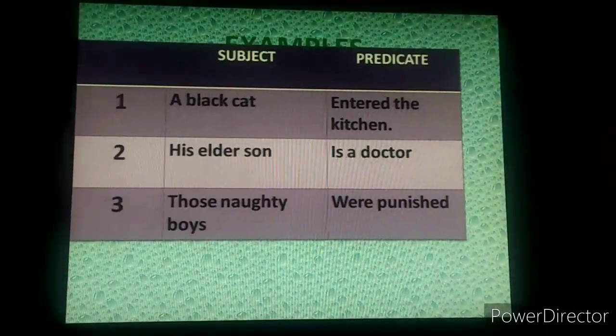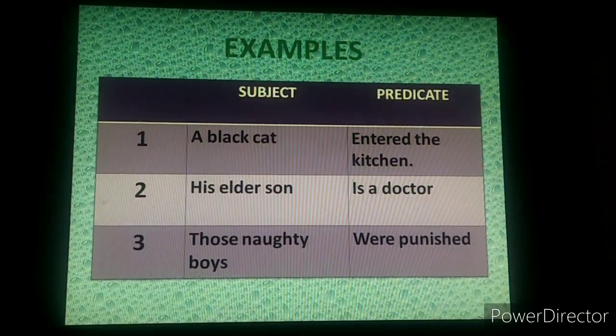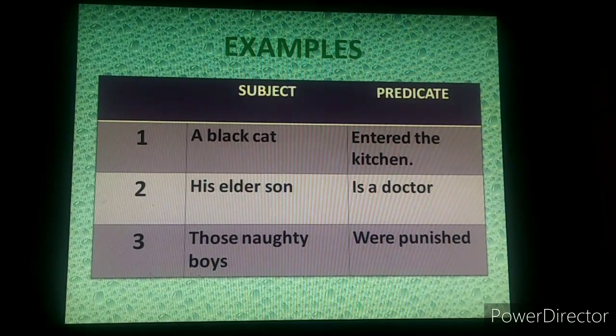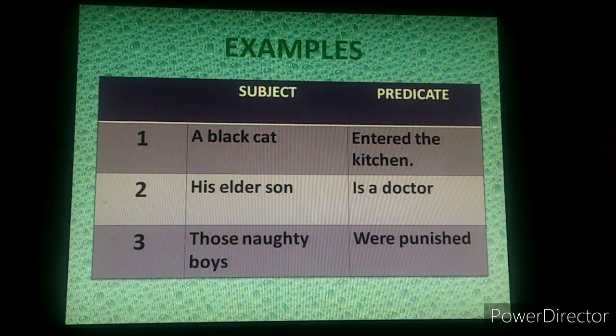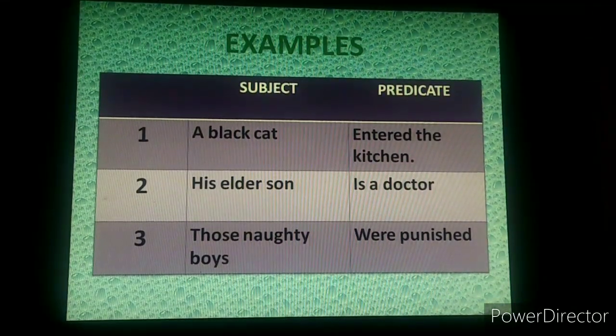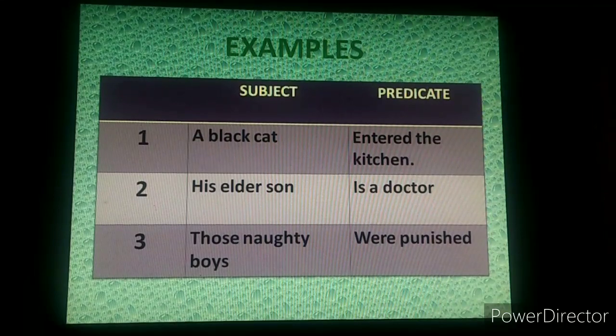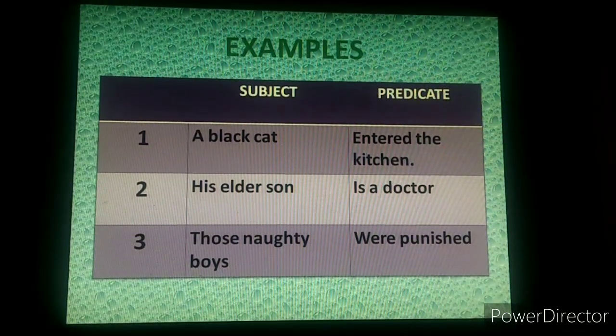Now I will give you some examples. The first one, the black cat entered the kitchen. Here we are talking about the black cat, so it becomes the subject and the rest of the sentence becomes the predicate. Second one, his elder son is a doctor.